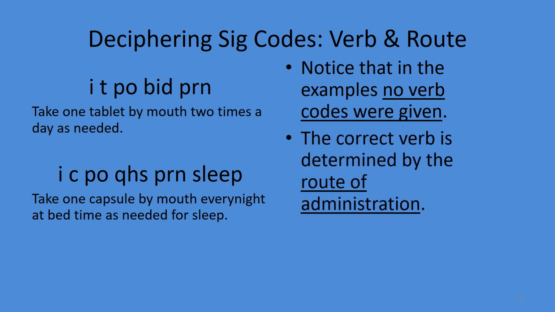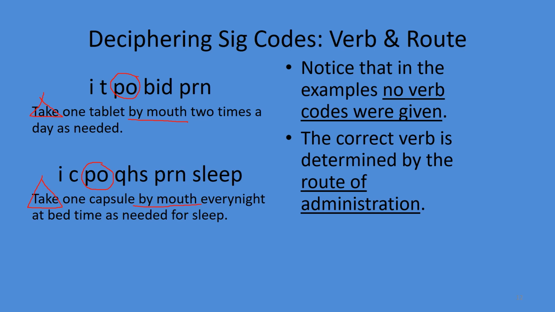And the first thing you want to look at is the route of administration. So for us, PO will always be by mouth, regardless of the dosage form. So if it's a tablet, we'll take by mouth. If it is a suspension, we'll take by mouth. A solution, we'll take by mouth.